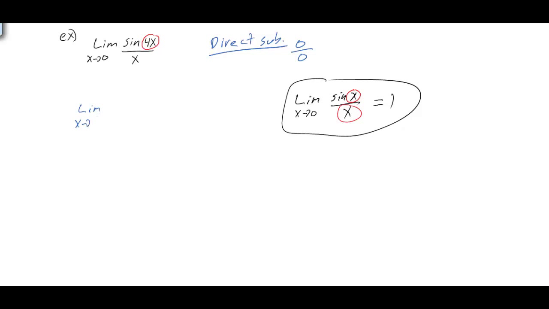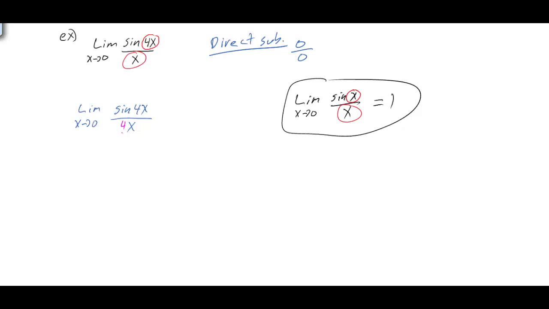So somehow we need to rewrite this so that the 4x on top and the bottom match. Well, we know that there's an x here, so to handle this, we could simply put a 4 here. Now, if we do that, what are we doing?